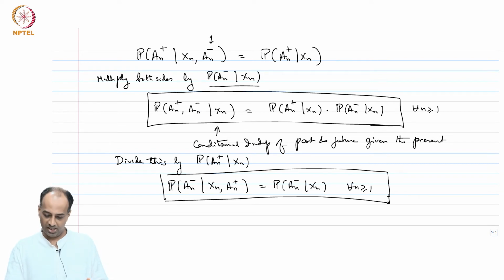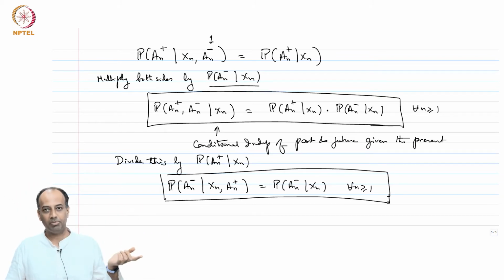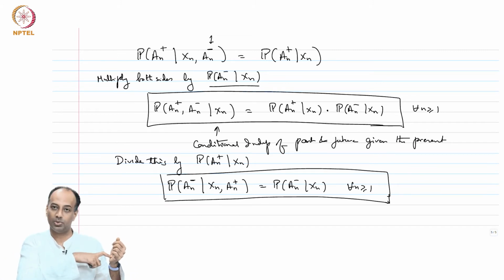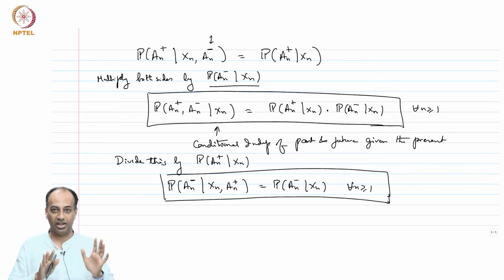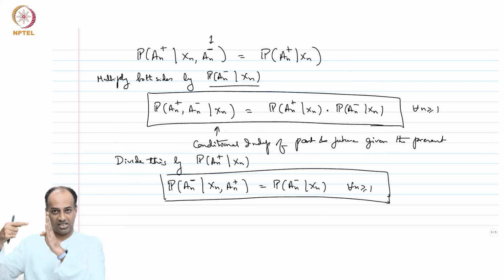So, in some sense, what this is saying is that if time were to run in reverse, so if time runs like this, n plus 1 is future and n minus 1 is the past. But if time runs the opposite direction, then n plus 1 becomes the past and n minus 1 becomes the future at time n. So n plus 1 is future, but if time runs this way, n plus 1 is the past, n is present, n minus 1 is the future.